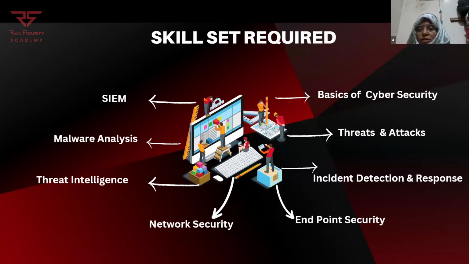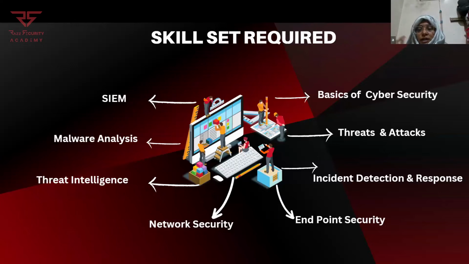Why network security? Because when we check the reputation of IP addresses as cyber threat intelligence in a SOC, or when we are analyzing emails, the first thing we analyze is the IP address, the SPF record, and all of this. So how these things occur, how it's happening, for all this we need to have the networking idea.